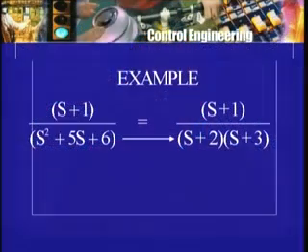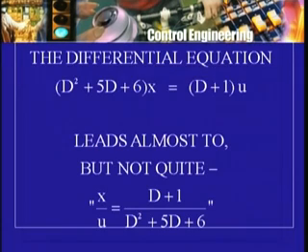So in this case, what will be the differential equation? s plus 1 is in the numerator, so d plus 1 operating on u; s squared plus 5s plus 6 is in the denominator, so d squared plus 5d plus 6 operating on x. Therefore the differential equation will be (d squared plus 5d plus 6) operating on x equals (d plus 1) operating on u.